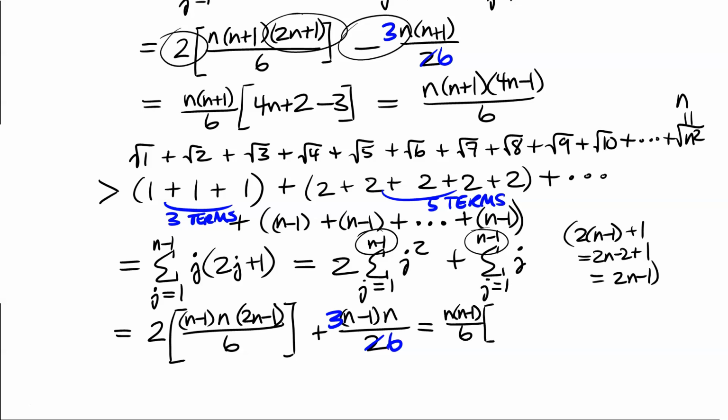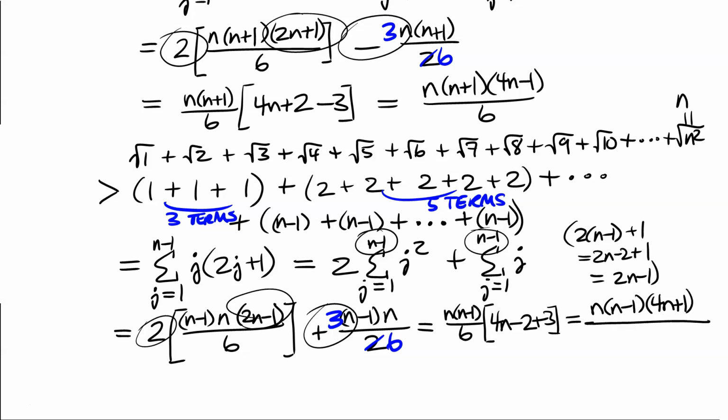And what's left over is now, there's the 2n minus 1, so that's 4n minus 2, and then from here, there's plus 3. So it's a very similar sum, but not exactly the same. It's n minus 1, 4n plus 1, all over 6.